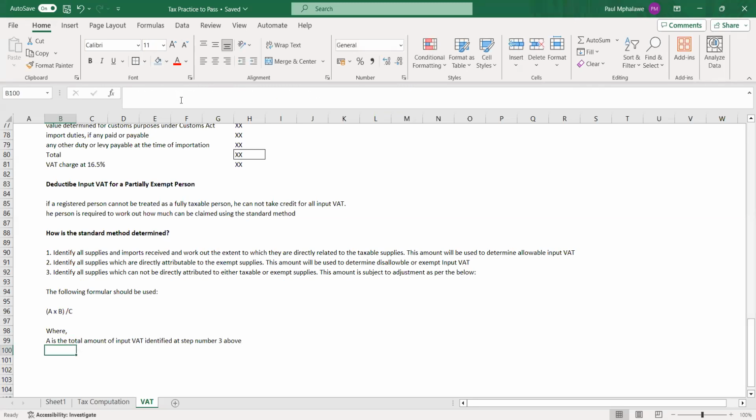Okay, then B is the amount of taxable supplies made by the taxable person during the period.